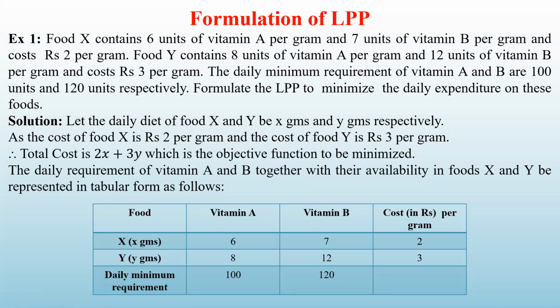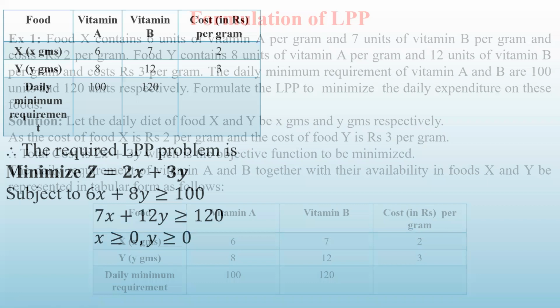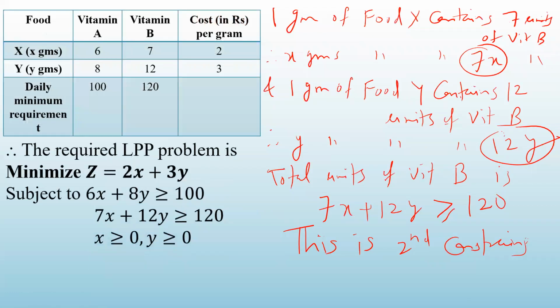Either you are eating that food, 50 grams or 100 grams, so it will be positive, or you are not eating at all, so it will be 0. Because they represent the number of grams of food which you are eating, they cannot be negative. So X and Y always have to be greater than or equal to 0. This will always be there in any linear programming problem.